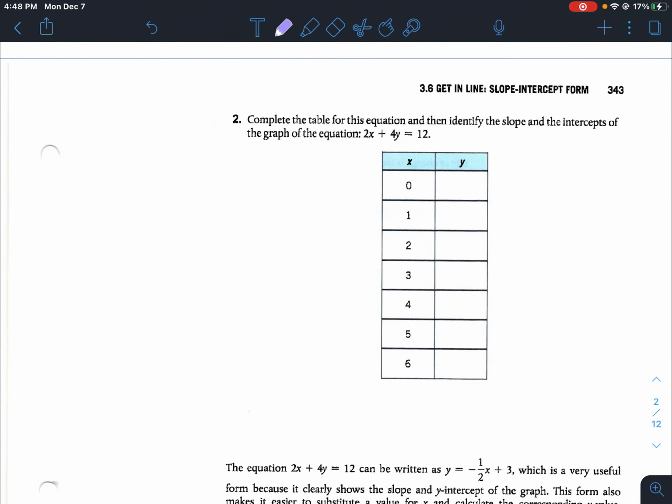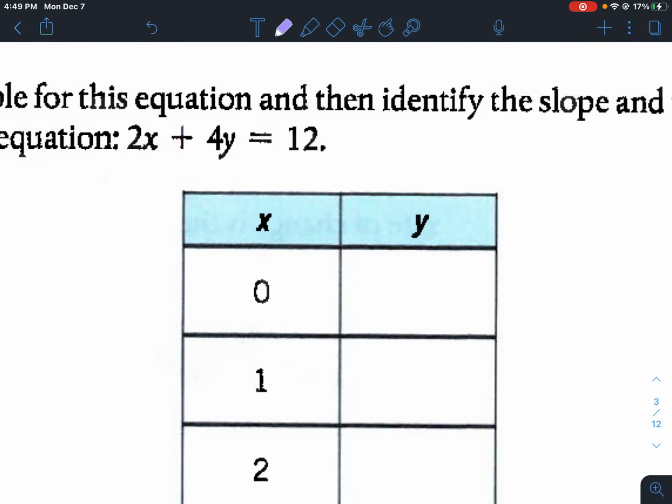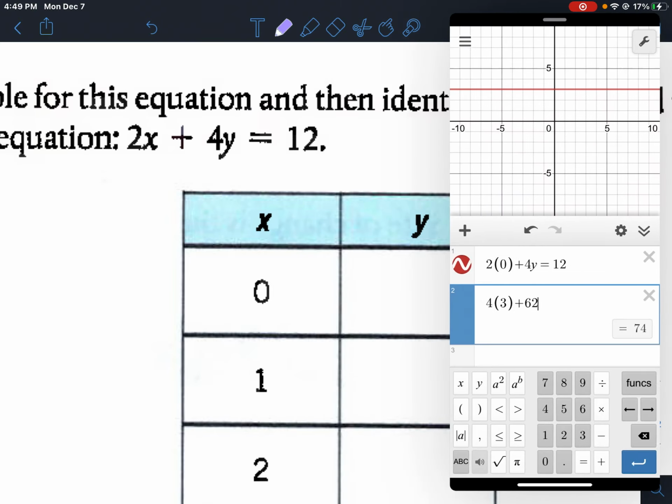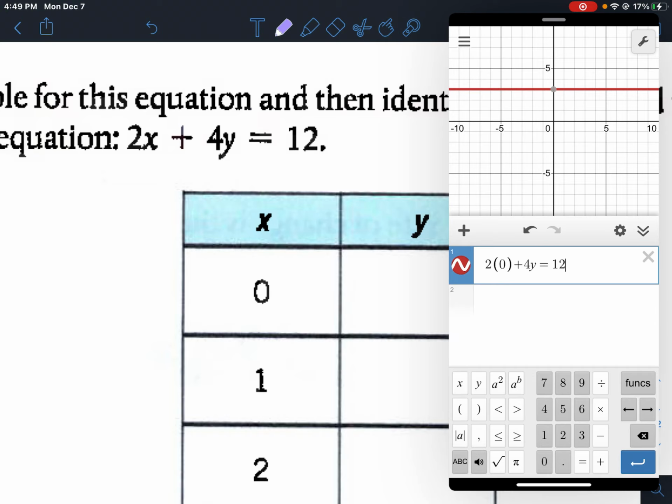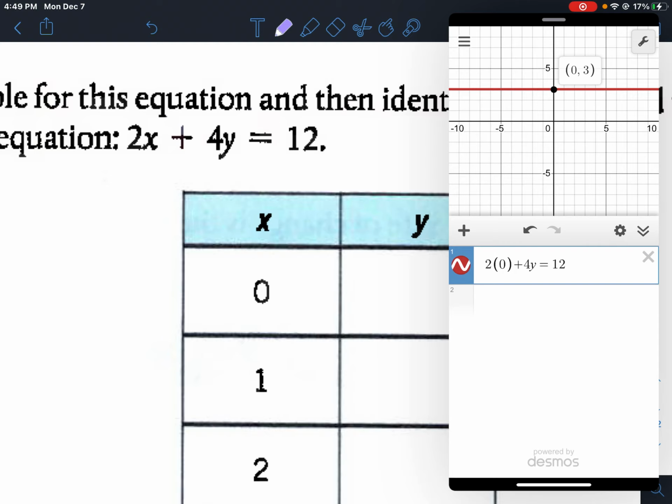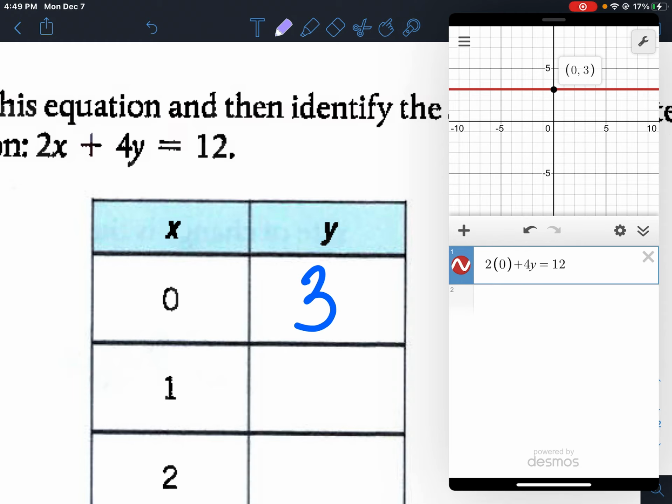Question number 2, complete the table for this equation and then identify the slope and the intercepts of the graph of the equation 2x plus 4y equals 12. So I can just plug in the x value in order to figure out the y value. I can do that on Desmos pretty easily. So I have it plugged in for you. It graphed a horizontal line. So when x equals 0, y will equal 3.